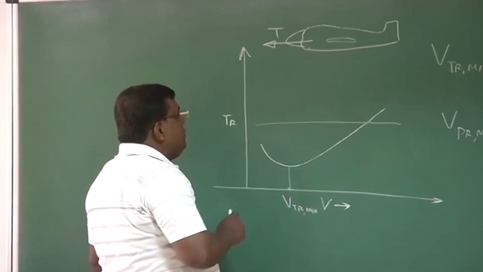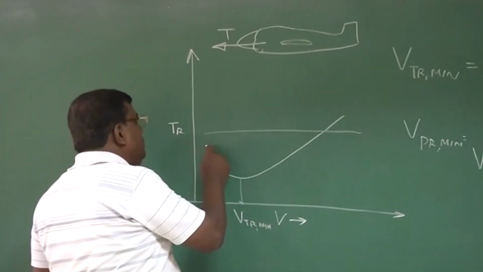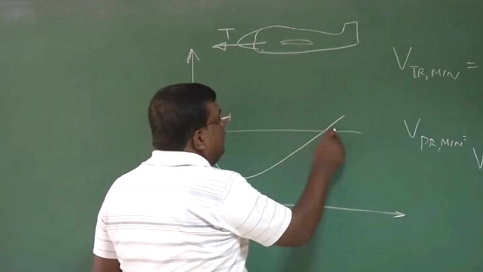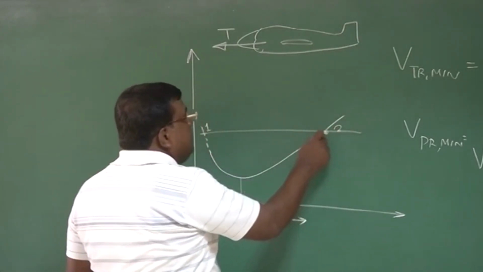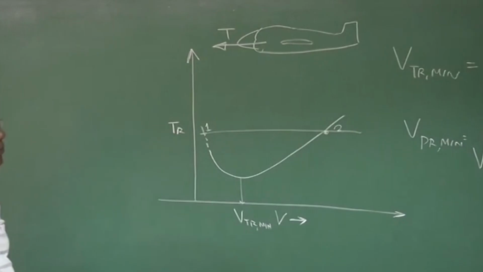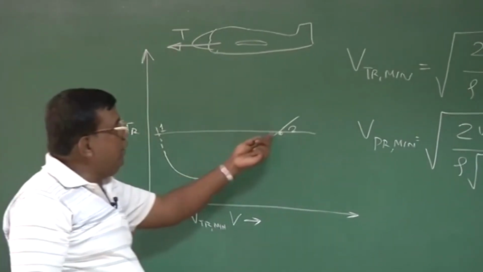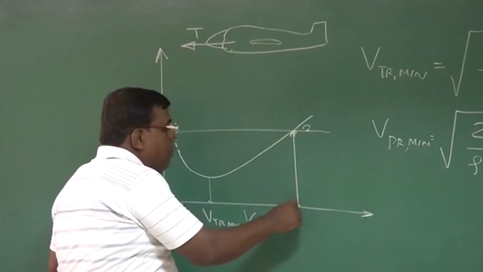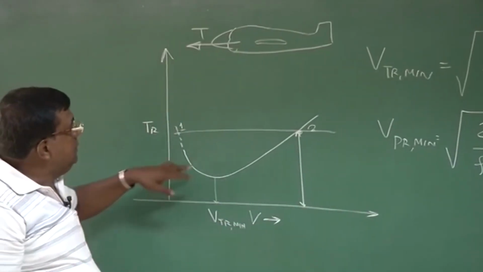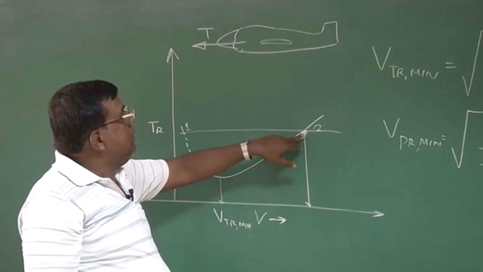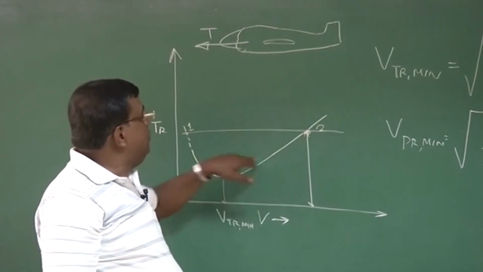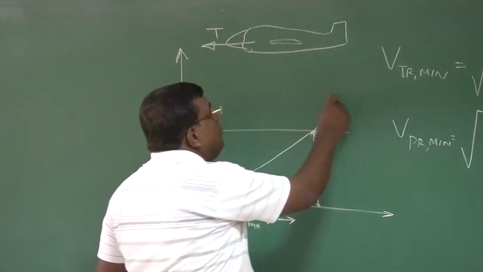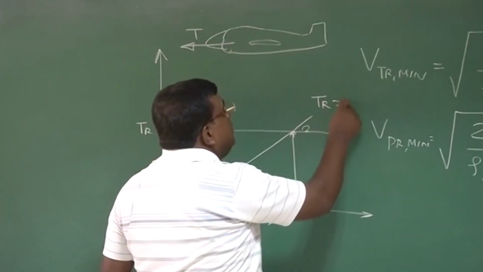Now see, there are two interesting points. Suppose, allow me to extend it like this. So I have one point here and a second point here. Let's try to understand what these points are. At this point, the drag required, which is given by this graph because this is thrust required, and we know thrust required equals drag.